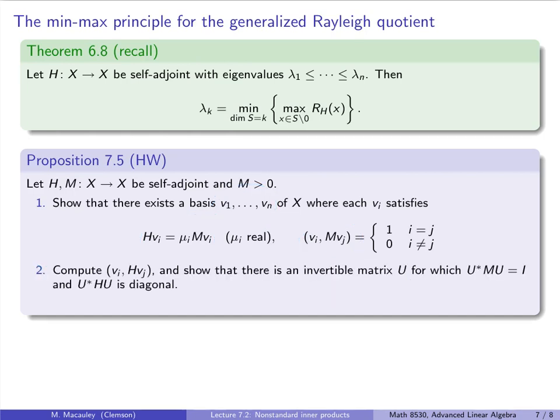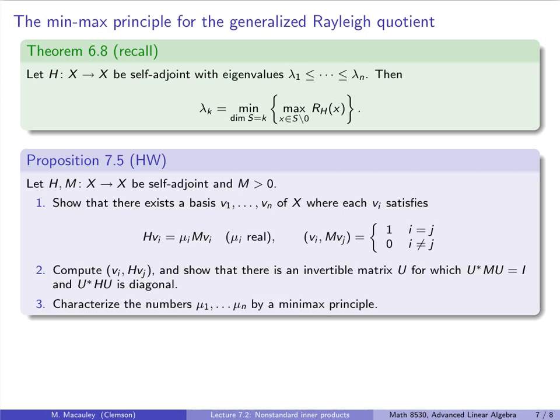Also on your homework, I want you to compute the inner product of Vi and H Vj. It might be easier to think of this in terms of the non-standard inner product of Vi and M inverse H Vj, and show that there is an invertible matrix U for which U star M U is the identity and U star H U is diagonal.